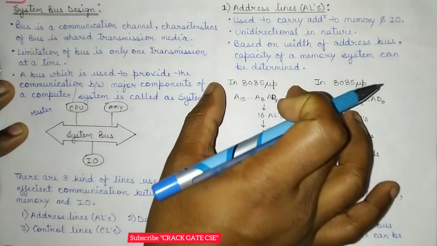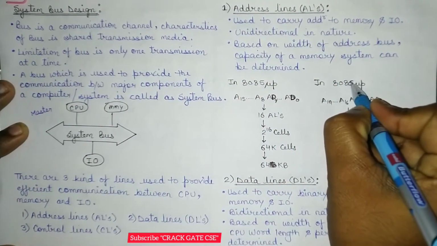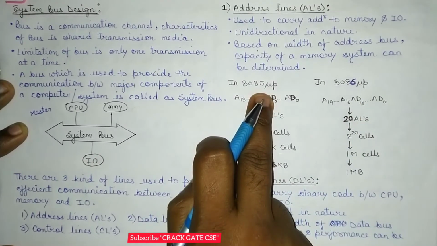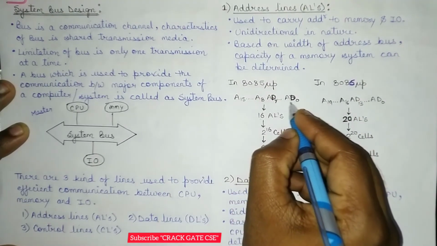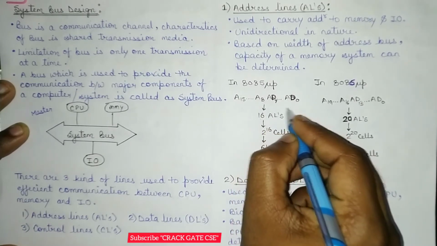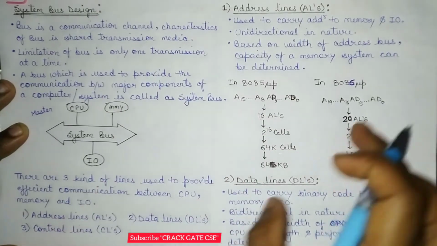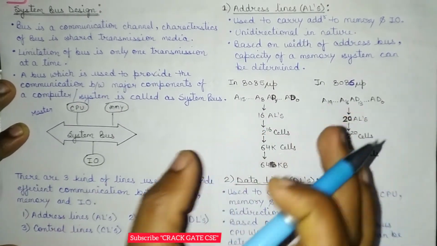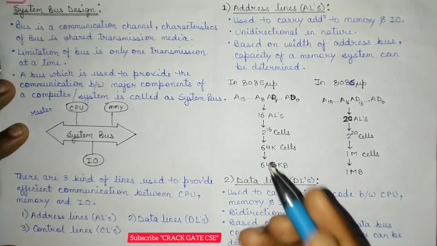For example, let us consider the 8085 and 8086 microprocessors. In the 8085 microprocessor, I already told you in the previous video that we have AD0 to AD7 as the time multiplexed pins and A8 to A15 as the address pins. So collectively we have 16 address lines. If we have 16 address lines, how many cells are possible?